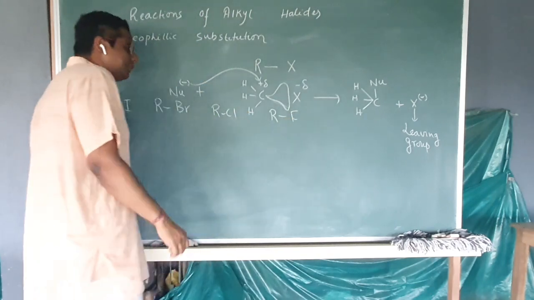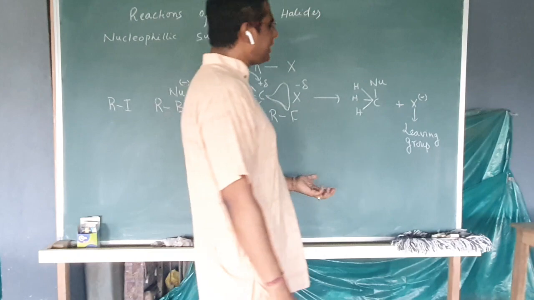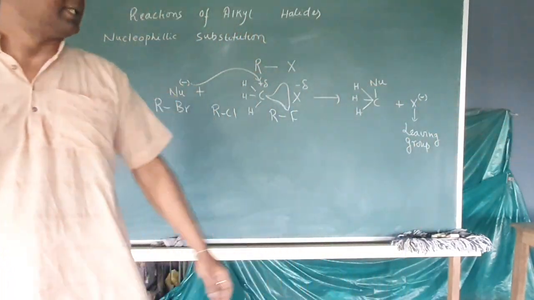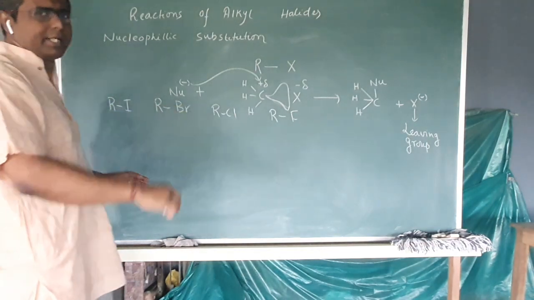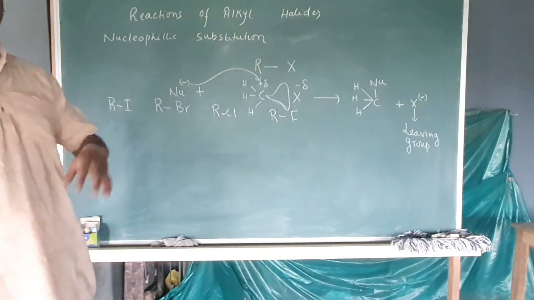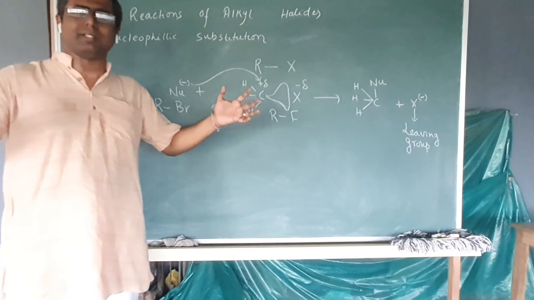So what do you think? In which case will it be very easy for the halogen atom to leave the carbon? See, if it is iodine, the bond length is much higher. I hope you understand what bond length is. Bond length is much higher. Okay, why is the bond length higher? Because iodine as an atom is larger.